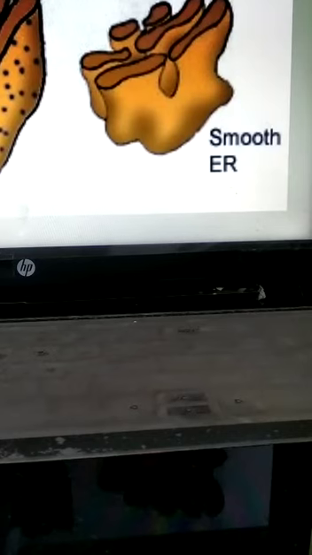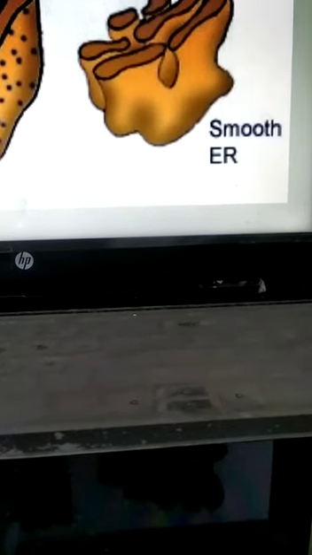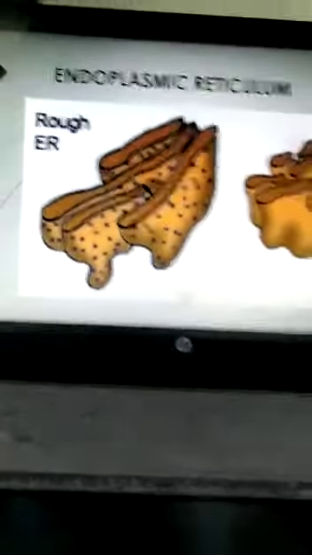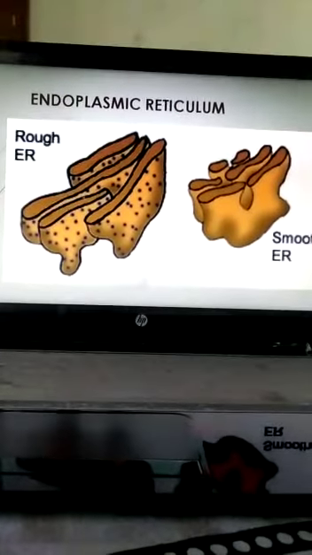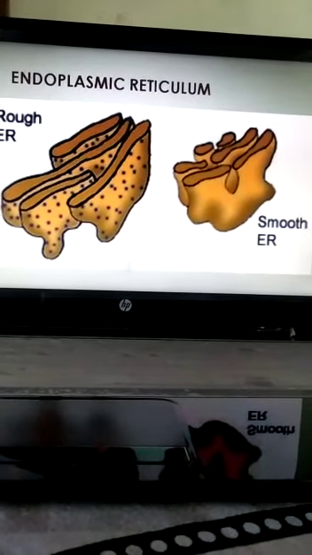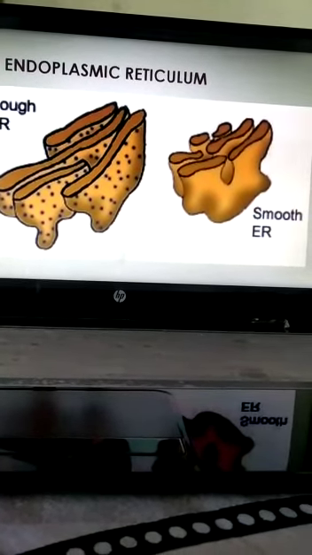Functions of endoplasmic reticulum. Endoplasmic reticulum helps in intracellular and intercellular transport of materials. It provides large surface area for various metabolic reactions.